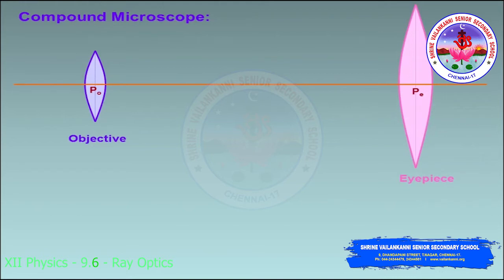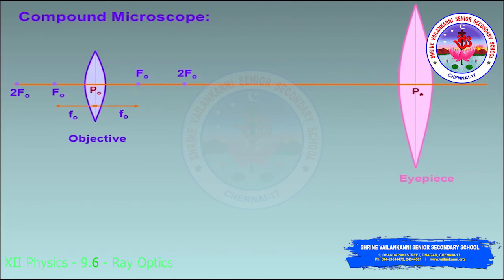The objective lens is a convex lens of short focal length f0 and small aperture. The eyepiece is comparatively larger in focal length, we can denote it FE, and it has a larger aperture.